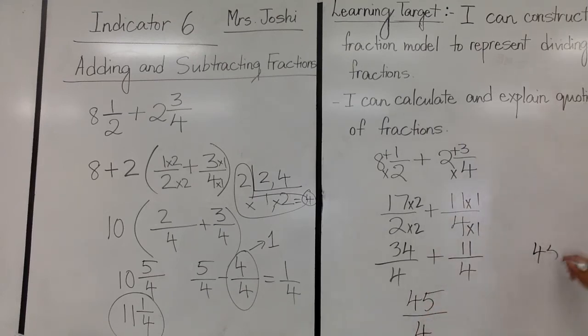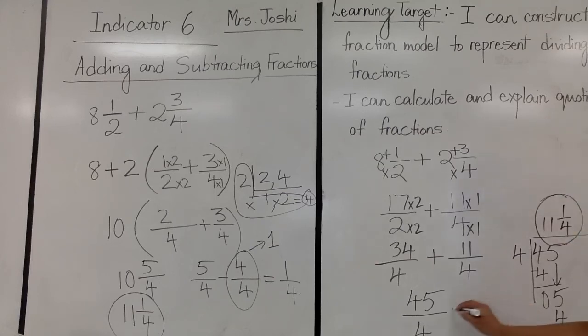And then when I simplify, meaning I convert it to a mixed number, 1 times 4 is 4. And this is 0, bring this down. And then I have 1 times 4 is going to give me again 4. Remainder is 1. So I get 11 and 1/4 as my final mixed number.